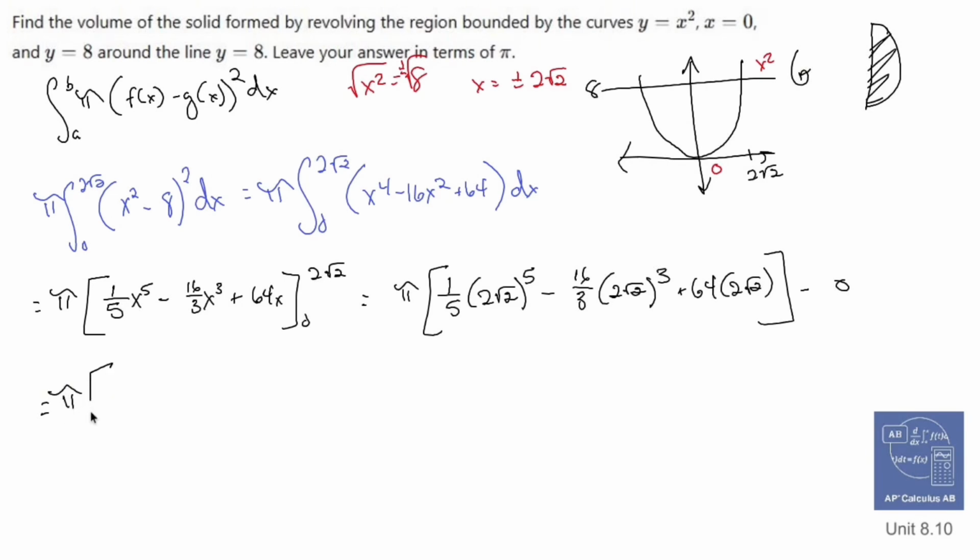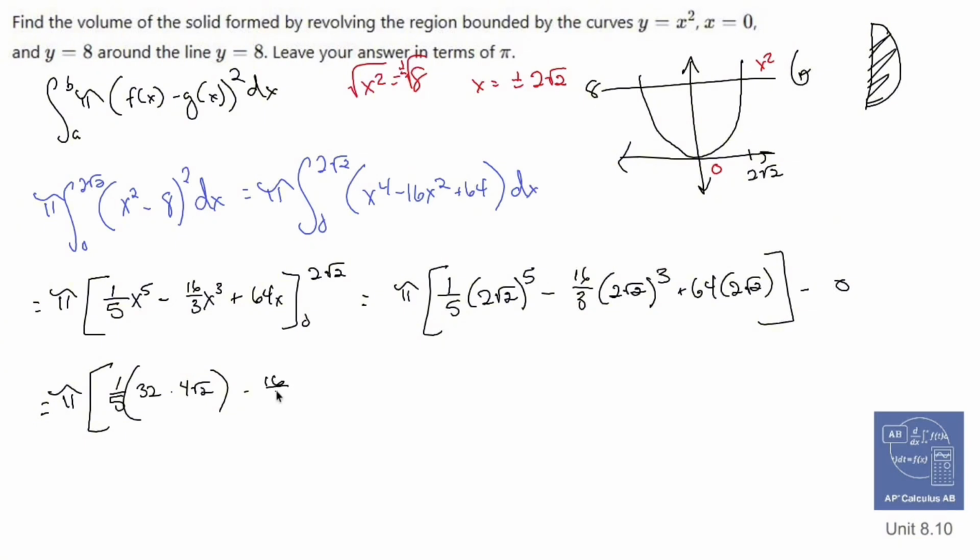Pi is still out there. 1/5 is still out there. 2 to the 5th power is 32 times root 2 to the 5th, which is going to be 4 root 2. Root 2 times root 2 times root 2 times root 2 times root 2 is the square root of 2 twice, which is 2 times 2 times root 2, which is where I get 4 root 2.